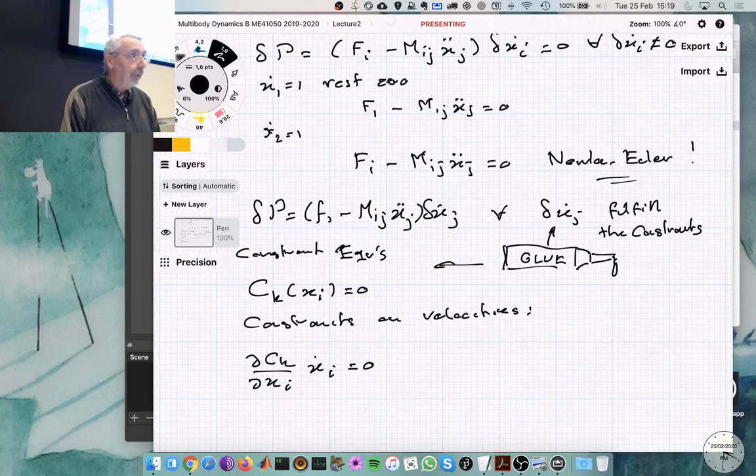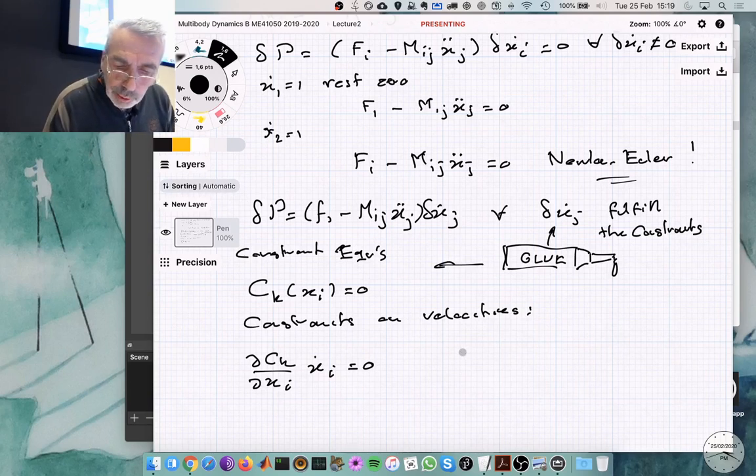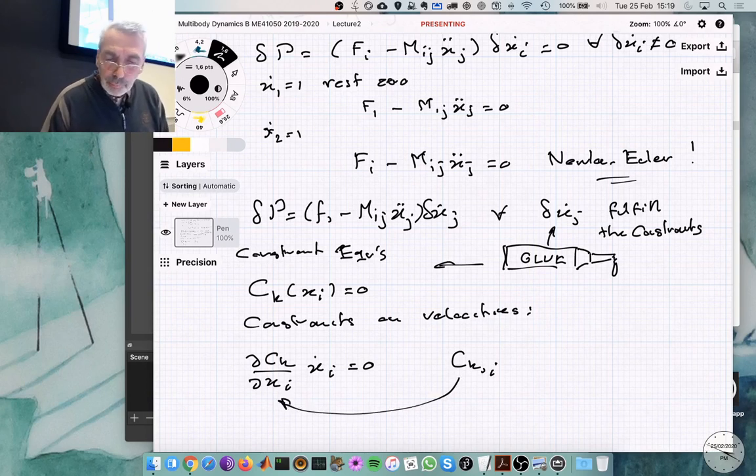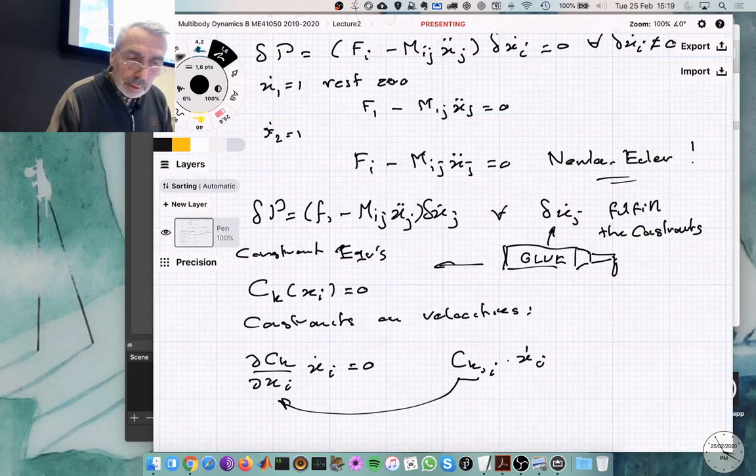Again, we have a shorthand notation for that. I hate writing all these deltas and things. So we write it as c_k comma i, which implies this differentiation, times x dot i is 0.